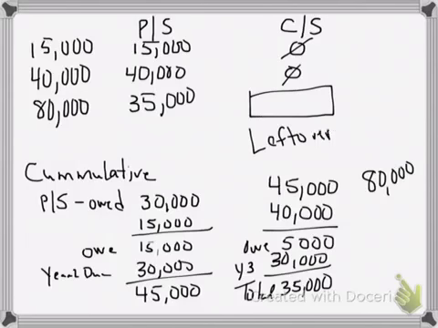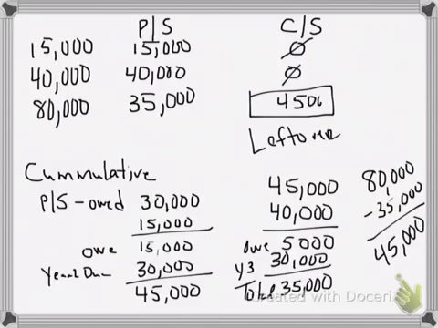That's why we've gotten 0 the first 2 years: there was nothing left over. This year we have the $80,000 minus the $35,000, and that means my common stockholders can actually receive $45,000.